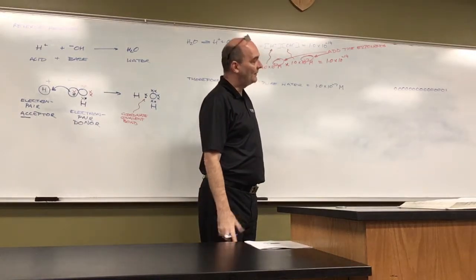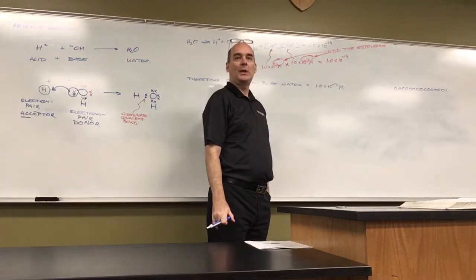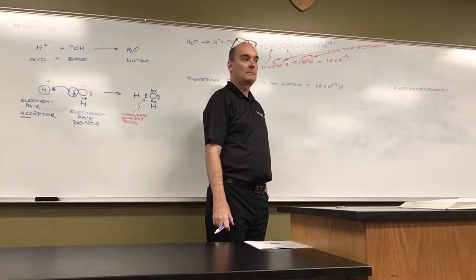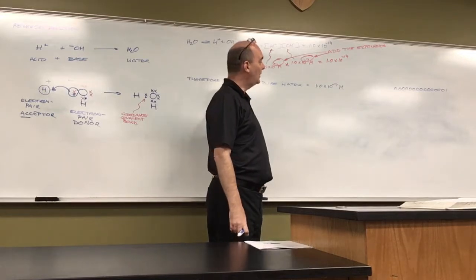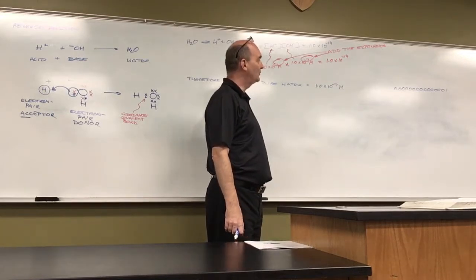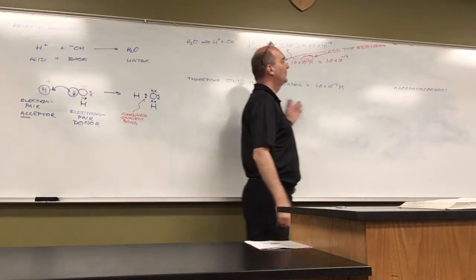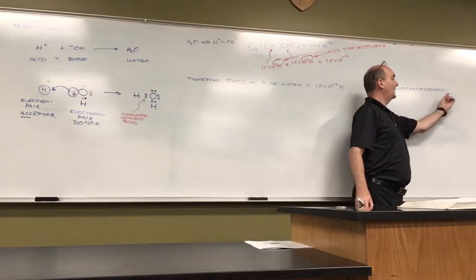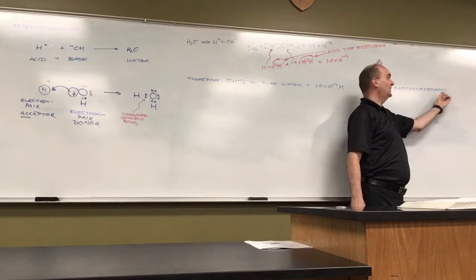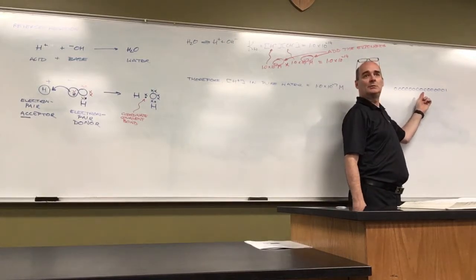That number is uncomfortably small. I don't like it. So the number that I'm going to find for my concentration of ion in solution is somewhere between this small and somewhere between like, that small.